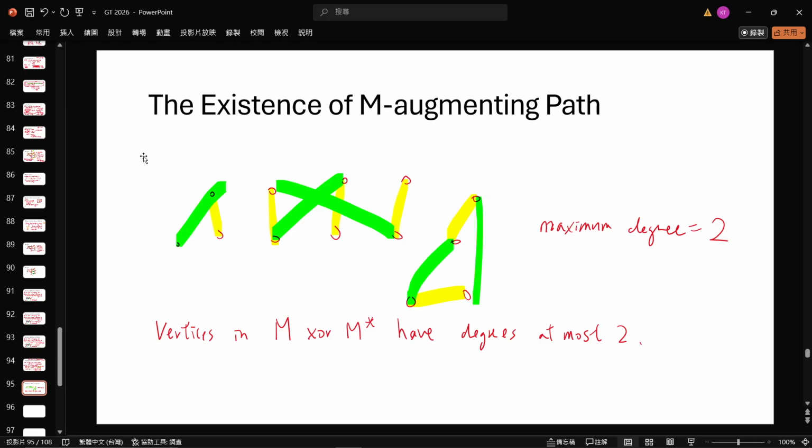All right, so now we've obtained some property about this M and M star. So next, during the break, because I know that the bell just rang, you can think: if I know that the graph has a maximum degree of 2, then what would the graph look like?